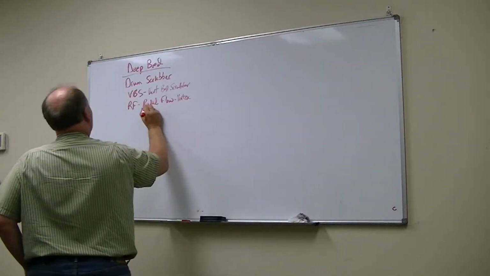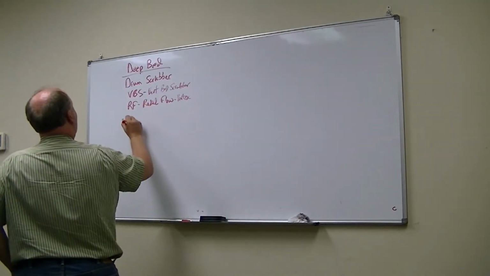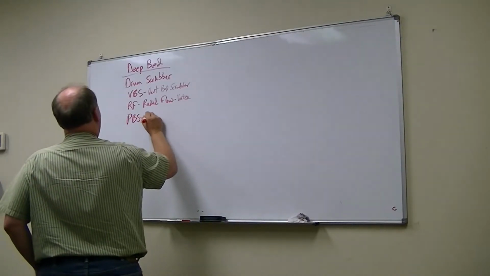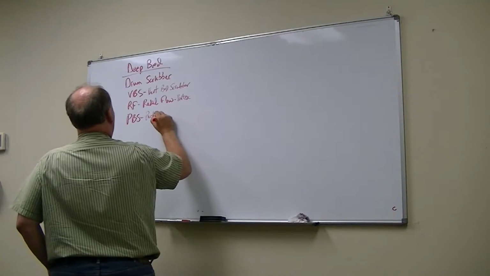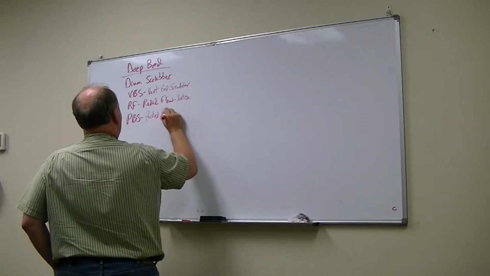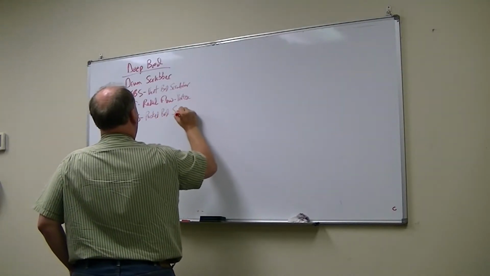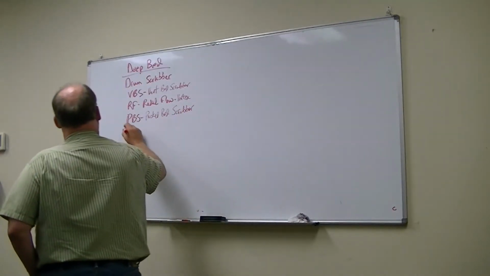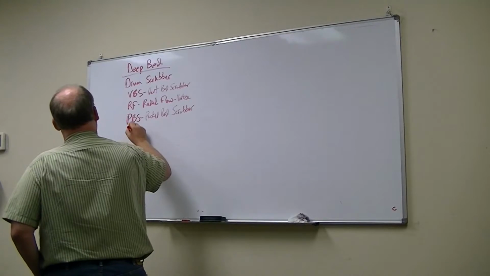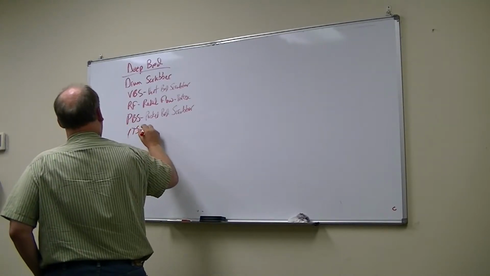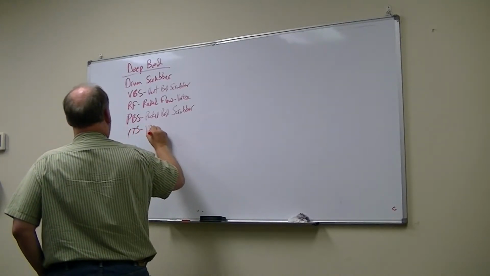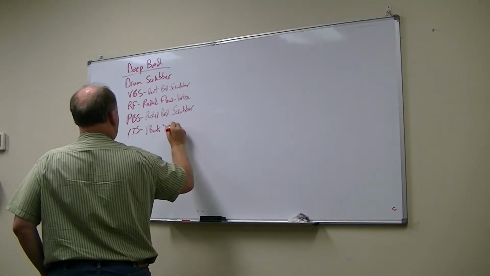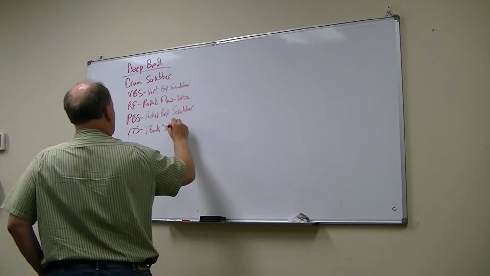All right. Then we have the PBS, and the PBS is the packed bed scrubber. And then we have the VTS, which is the V-bank transition scrubber or system.